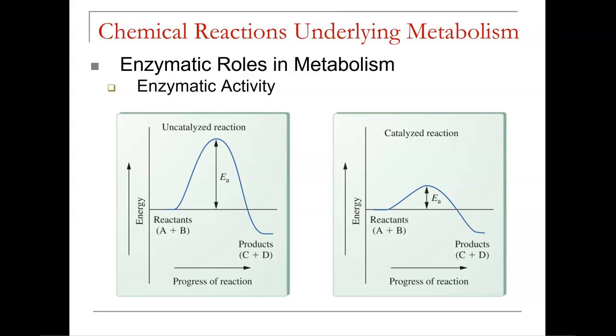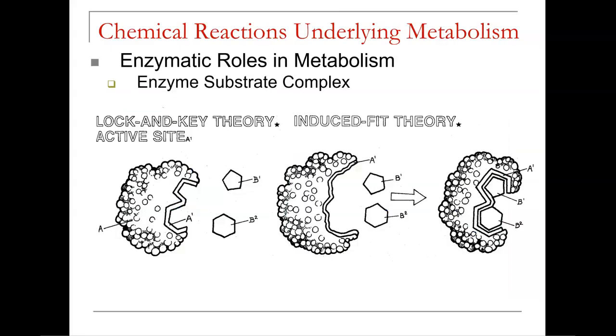So you have an enzyme substrate complex. What happens there is that the enzyme is going to interact with the substrate, the enzyme and the substrate specificity. That is going to have an active site. The enzyme is going to be complementary to the shape of that substrate. So it has to fit perfectly. Two models are going to be regarded for this.